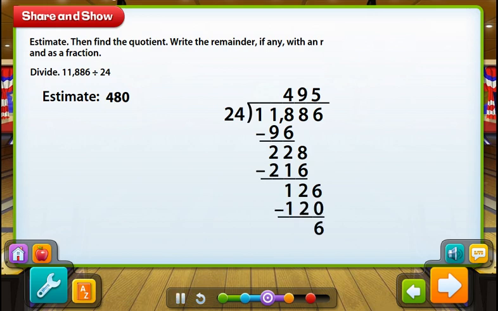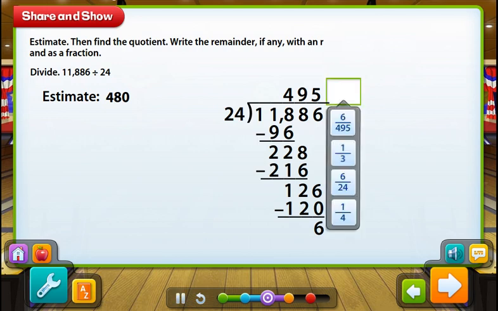If you subtract 120 ones from 126 ones, you will have 6 ones left over. Now, type the remainder. That's right. The remainder is 6. There's another way to write the remainder, which shows the remainder as a fraction in simplest form.